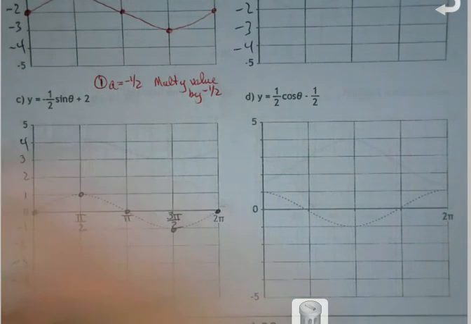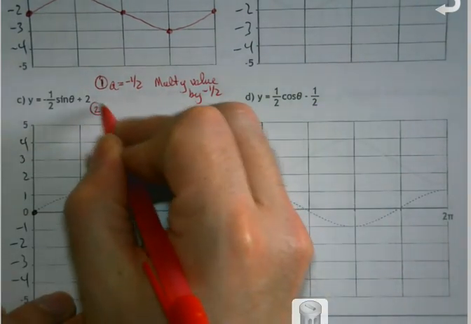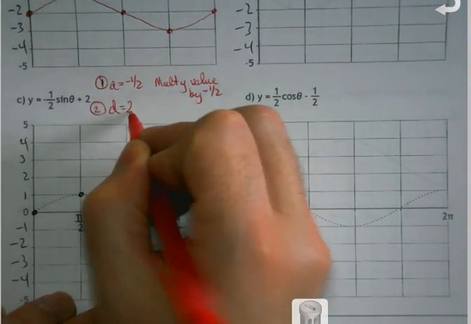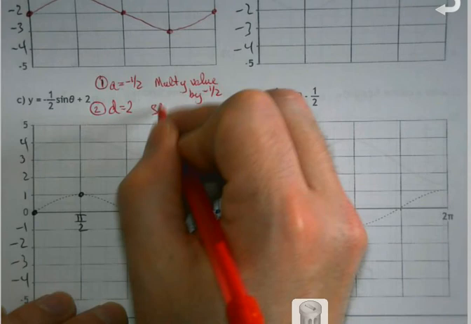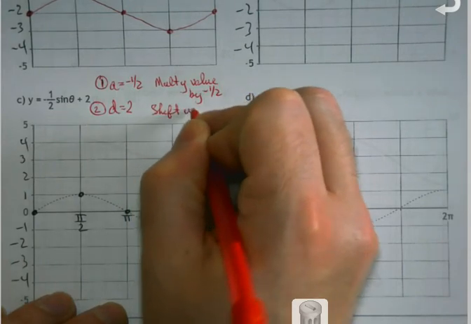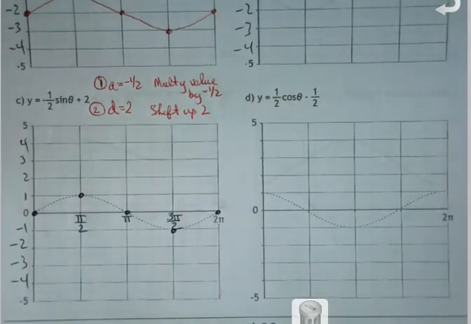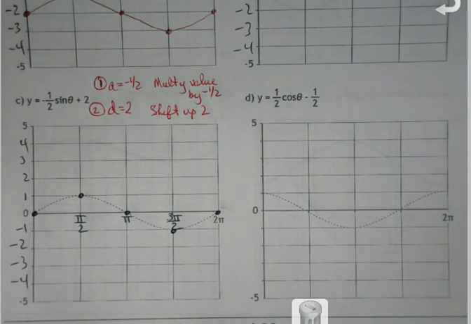But I'm not going to put the dot yet, because my d value of 2 means we're going to shift it up 2. So there's 2 pieces on every one of these dots. Multiply the amplitude first, shift second.